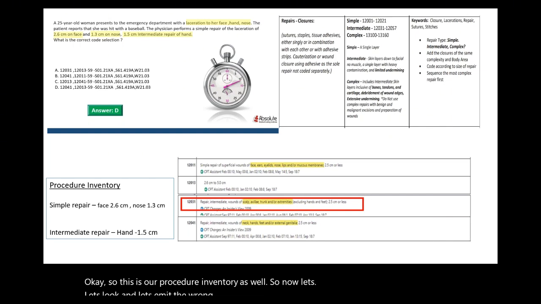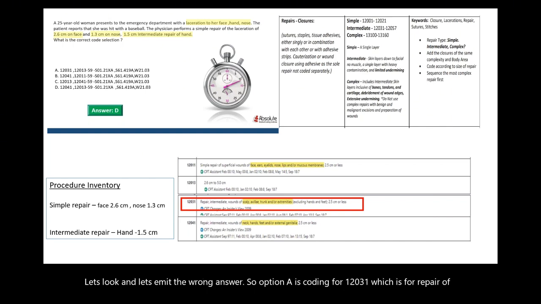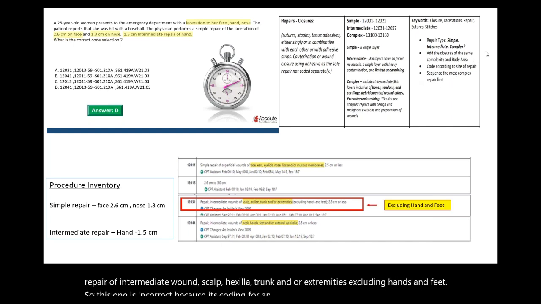Option A is coding for 12031, which is for repair of intermediate wound, scalp, axilla, trunk, and/or extremities, excluding hands and feet. So this one is incorrect because it's coding for an intermediate repair excluding hands and feet.